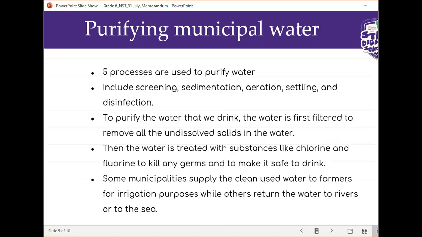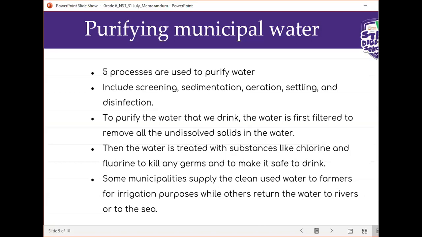Okay, guys, so I hope you understand this last part. And next time, if I ask you a similar question, you would be able to answer it. Okay, so some municipalities supply the clean used water to farmers for irrigation purposes. I think this is also similar to the domestic purposes that Mashore mentioned, if I'm not mistaken.